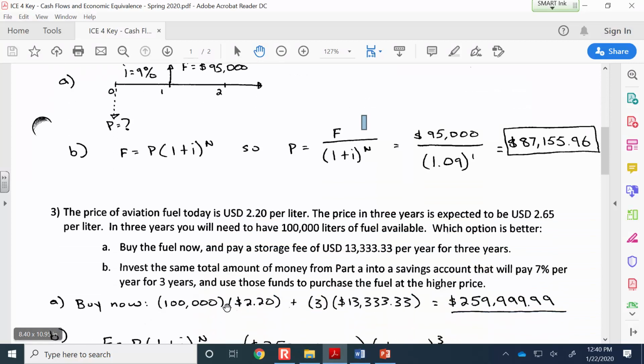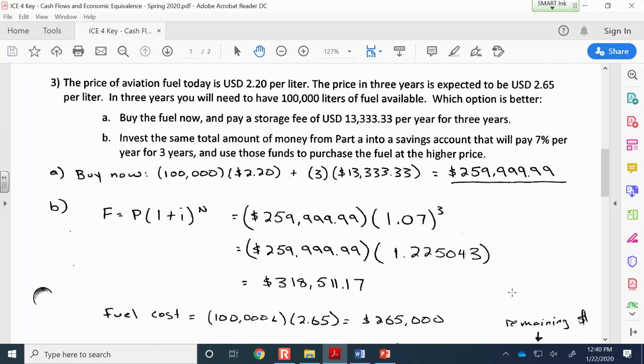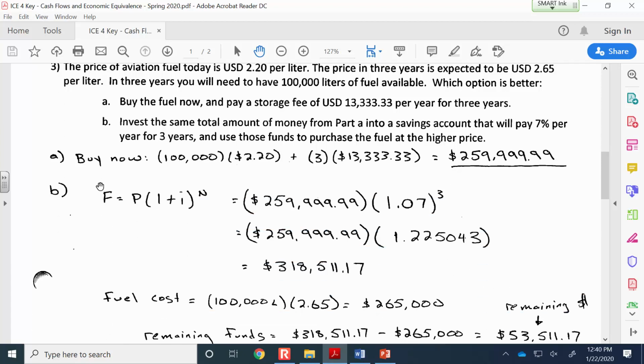So if you buy it now, it's going to be essentially $260,000, 1 penny short of that. The buy later option is saying it's going to be more expensive fuel. The fuel cost will be $265,000, but what if you took this $260,000, put it into the account, how many dollars will you have?